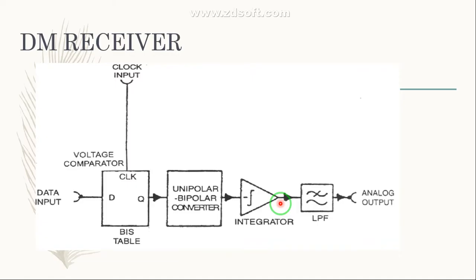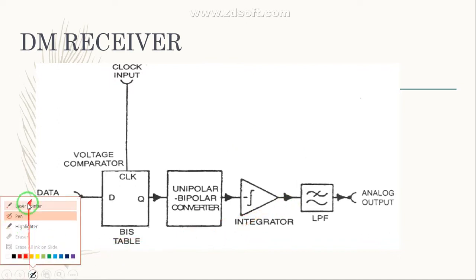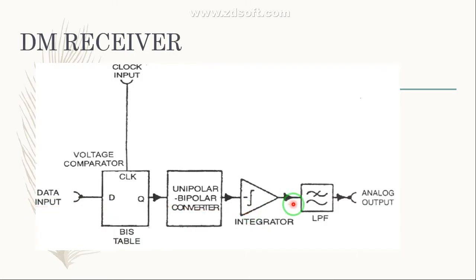And second, the output of this integrator could be a falling linear ramp signal when +4 is applied to it, corresponding to binary 0. It is like this one, falling, and this one, rising. Then the output of this integrator is given to a low pass filter.